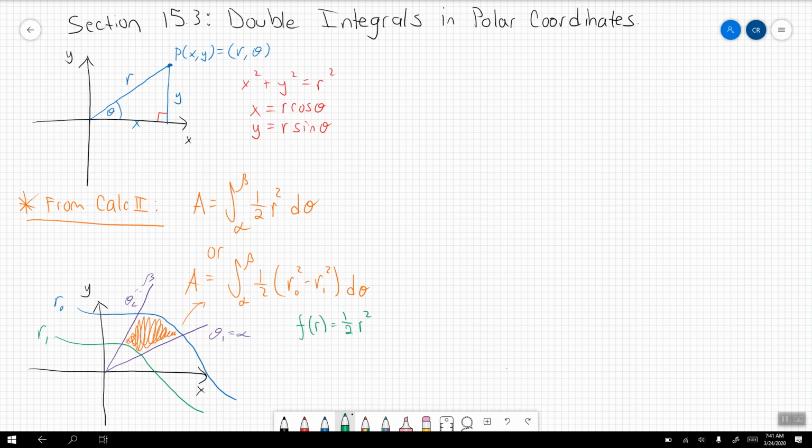Typically this comes as the area of a sector from trig, but now we're going to apply some calculus to it. Let's say that we take the derivative. Then we're left with 2 divided by 2 multiplied by r, and this is going to be dr, which naturally means we just get r dr.